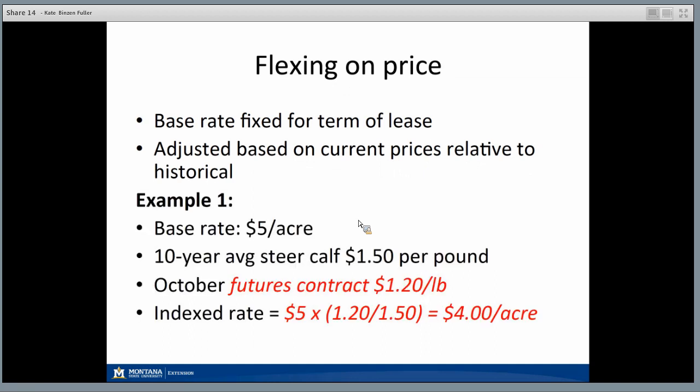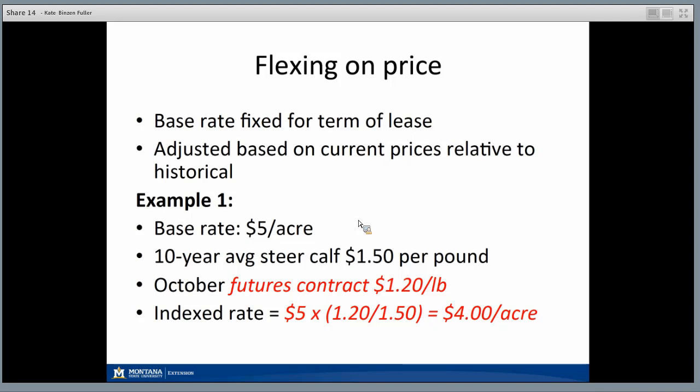So in this first example, I'm going to say we're going to set a base rate of $5 an acre. This is another simplified version, so don't take any of these numbers as what you should be using. We're going to take the 10-year average steer calf price of $150 per pound, and we're going to compare it to the October futures contract price in the year that we're looking at.